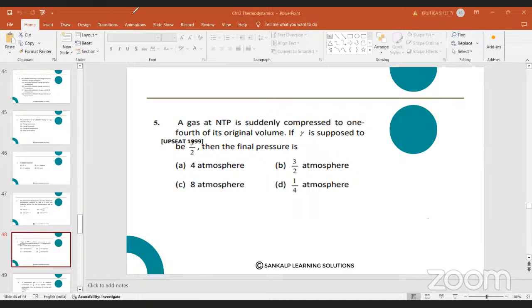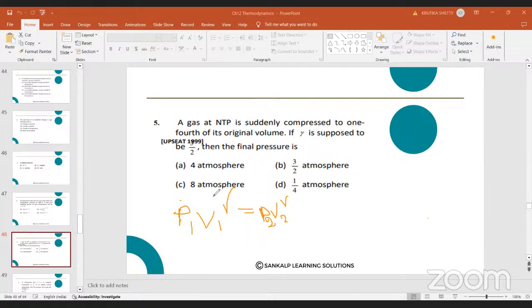The gamma value is given as 3 divided by 2. They are asking you to calculate the final pressure. So in terms of pressure and volume, it is P1 V1 raised to gamma. Here it will be P1 V1 raised to gamma is equal to P2 V2 raised to gamma.